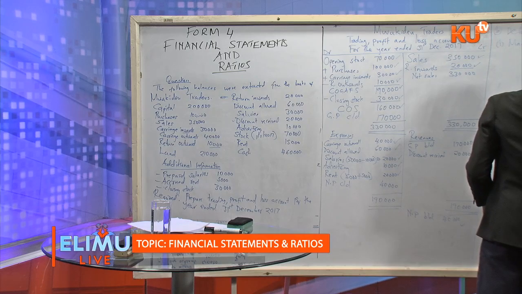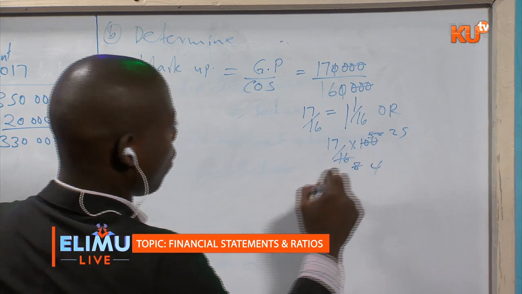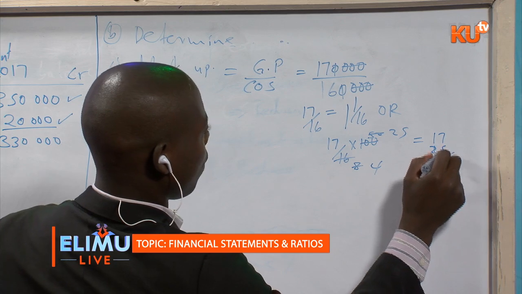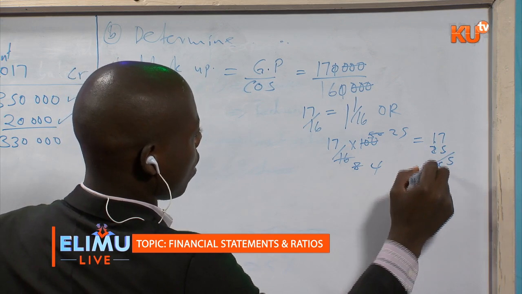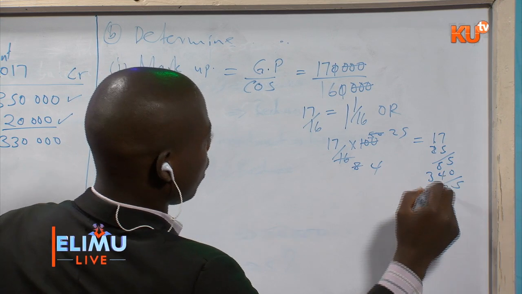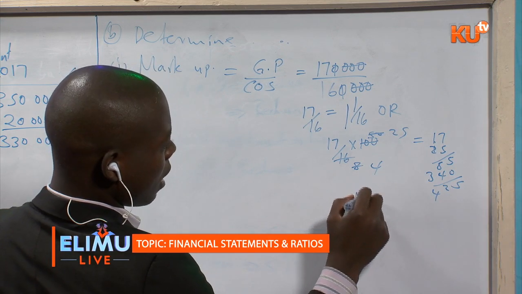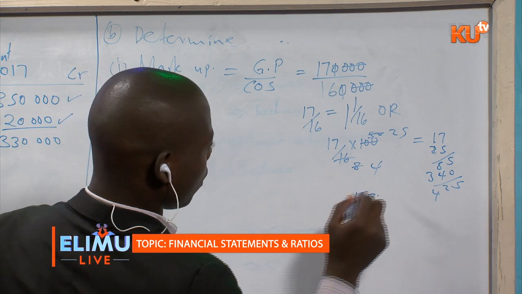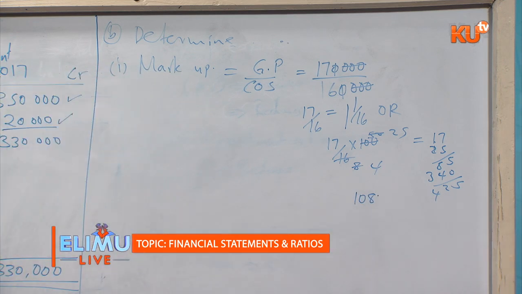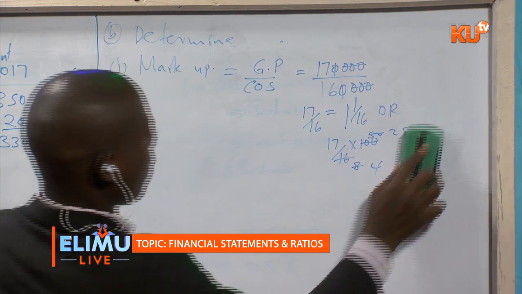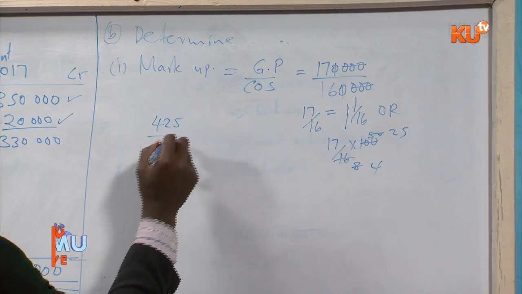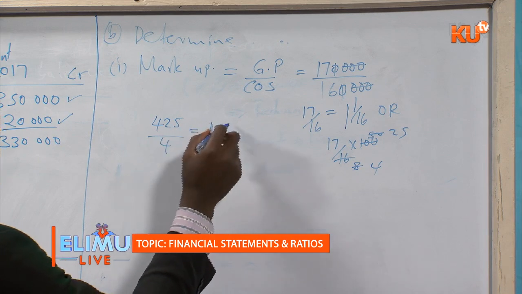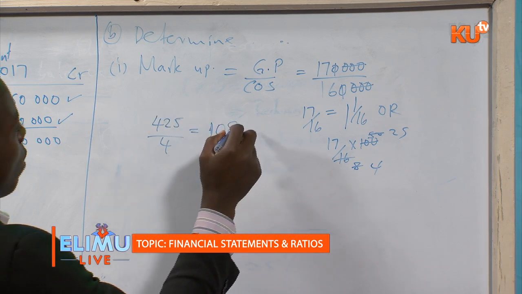If we do the simplification, we divide by 4 and get 425 over 4, which gives us 106.25.